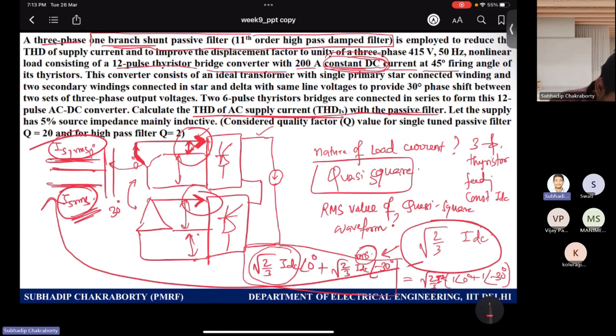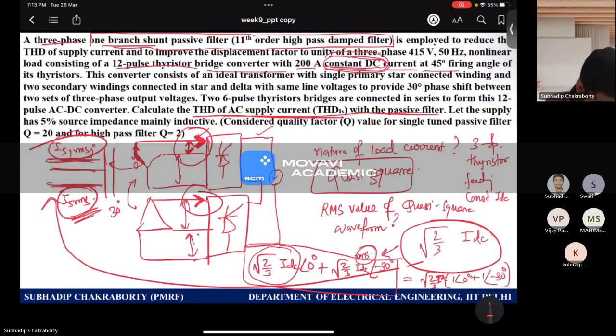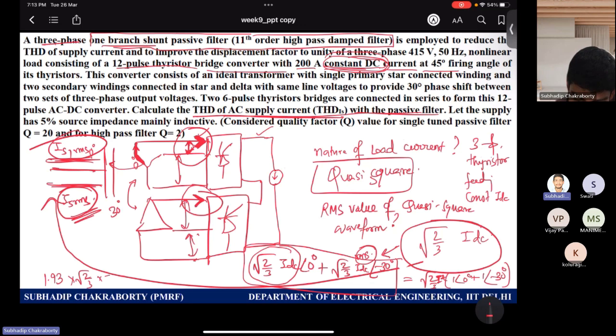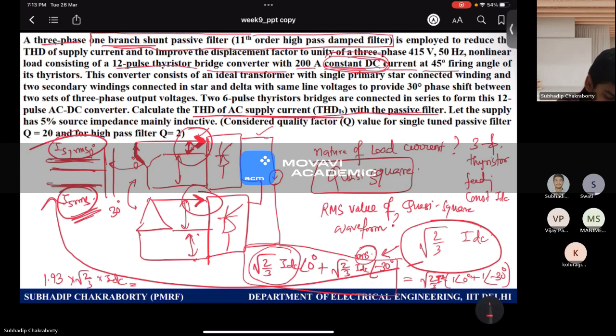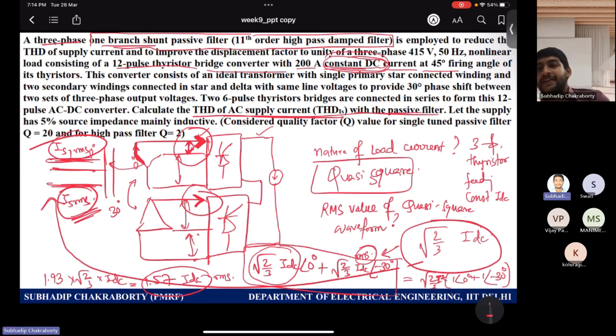So one angle 0 plus one angle minus 30 degrees is coming as 1.93 times root 2 by 3 into IDC. So you are getting 1.57 IDC. This is the RMS value of the supply current.